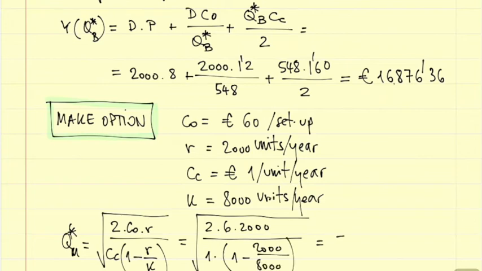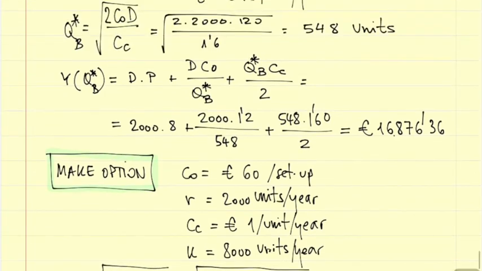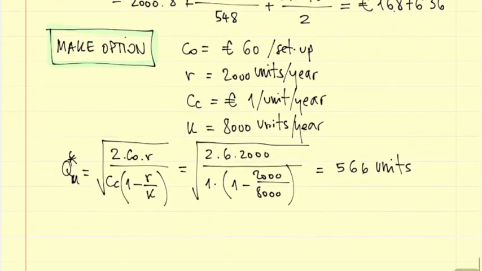And this equals 566 units approximately, a little bit more than the buy option.